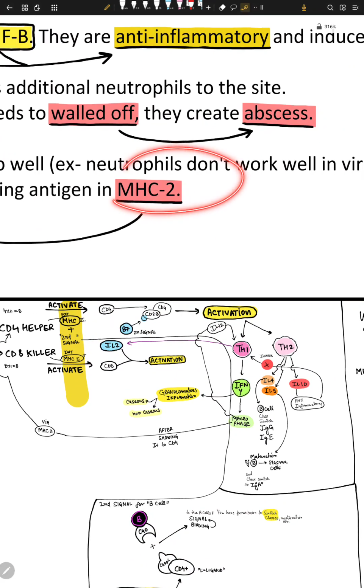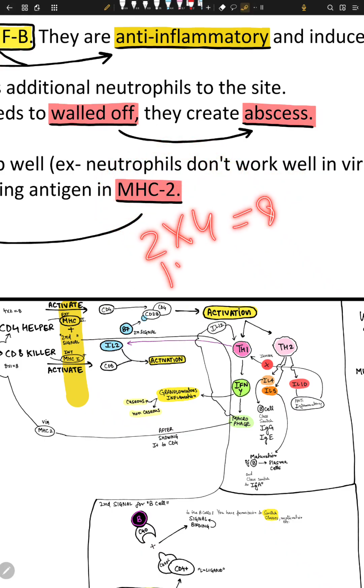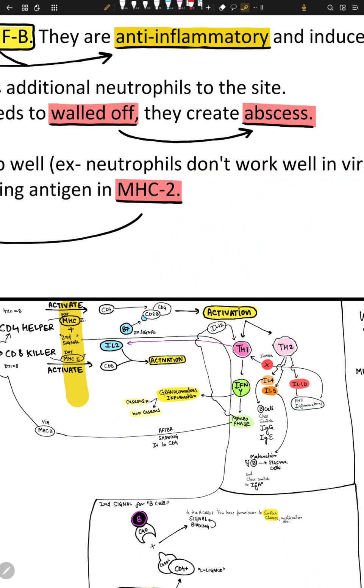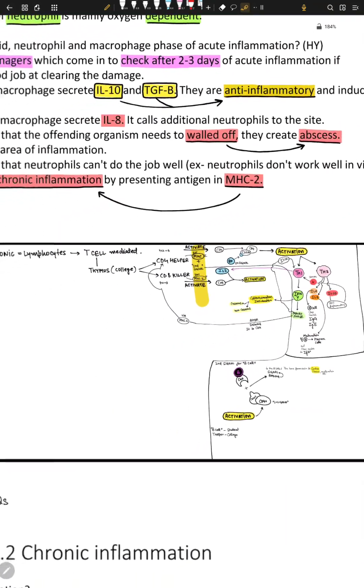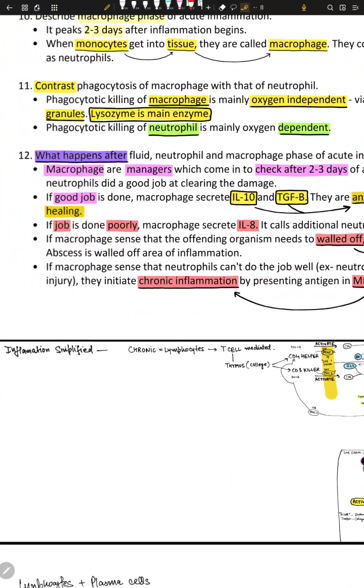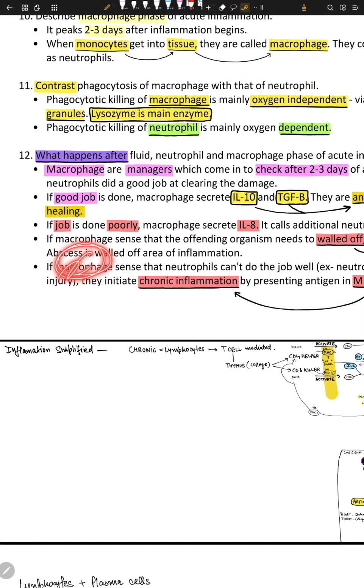MHC2 goes to what, CD8 or CD4? CD4, because 2 times 4 is 8 and 1 times 8 is also 8. So this is CD4, this is CD8. It's a very silly logic to remember, but it always works. So chronic inflammation comes after acute inflammation, and it is done via the macrophage. The macrophage is the messenger for acute inflammation to transform into chronic inflammation.